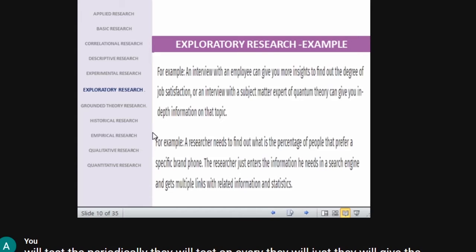So here, interview is primary research because you are directly going to the person and asking questions related to their opinion or beliefs or whatever it may be. So that is primary. See the second example: a researcher needs to find out what percentage of people prefer a specific brand of phone.